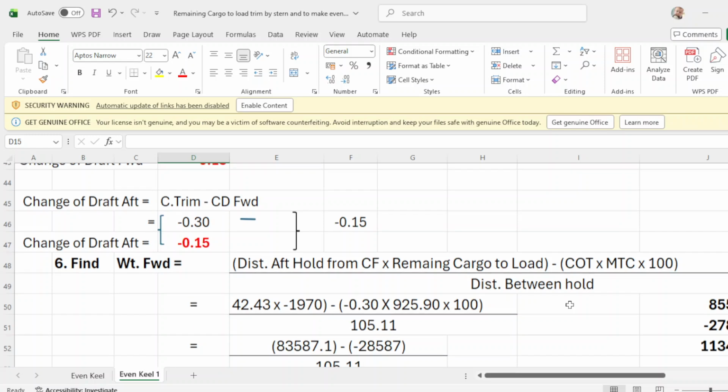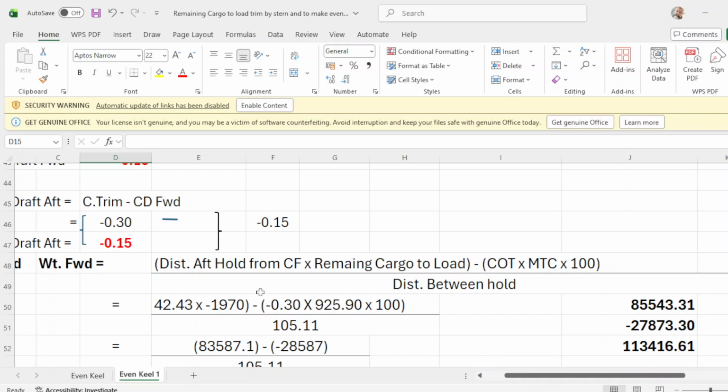Number 6 is find the weight forward, and the formula is distance up hold from center of rotation times remaining cargo to load minus change of trim times MTC times 100 over distance between holds. So let's transpose, guys. We transpose this one first.